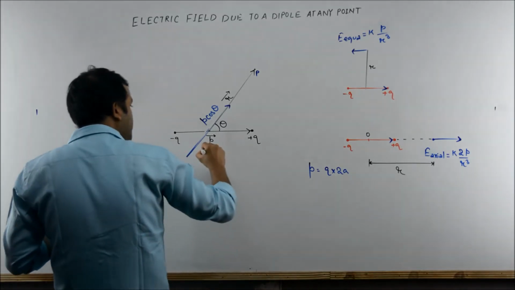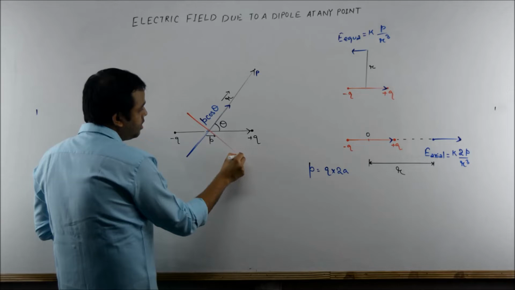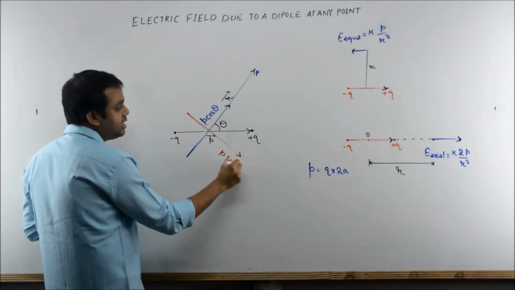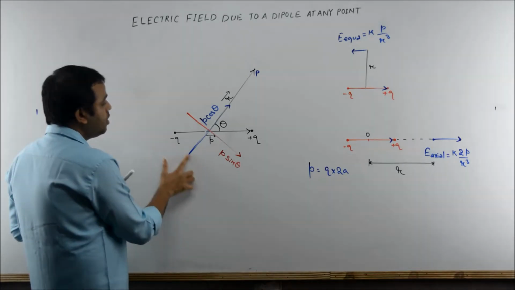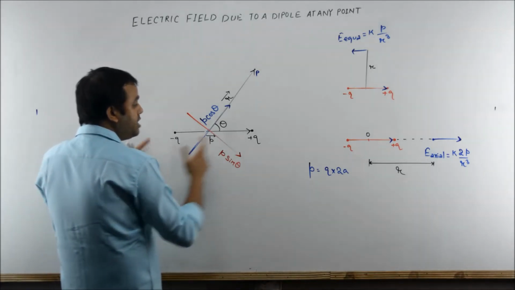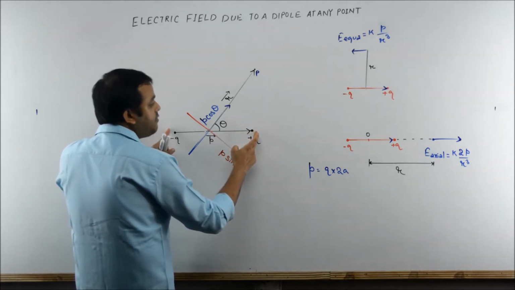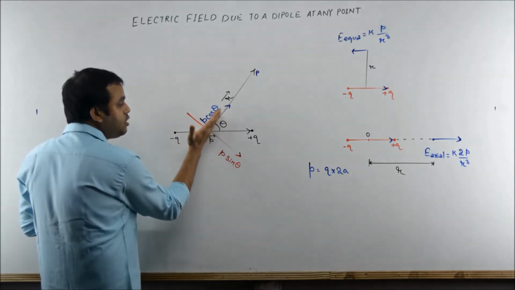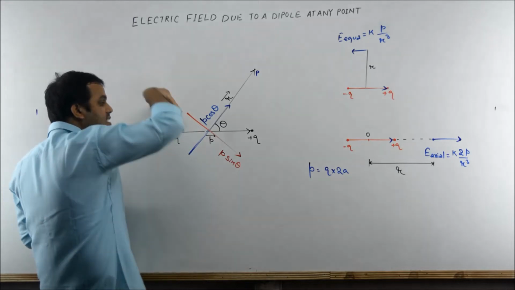So this is P sin theta. Now please concentrate, students. What have we done? We resolved this dipole moment vector into two components. One is P cos theta along this direction, another is P sin theta along this direction.